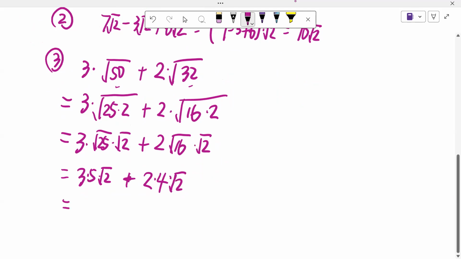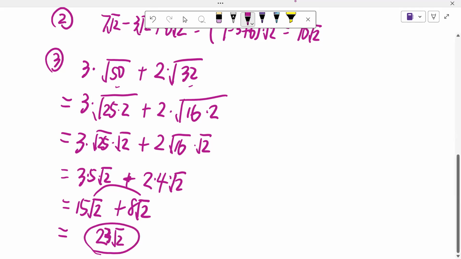So 3 times 5, that's 15 square root of 2 plus 8 square root of 2. And they're like terms right now. So keep the square root of 2, adding 15 and 8, you get 23. Yeah, that's basically how you simplify this type of expressions and add and subtract, right.